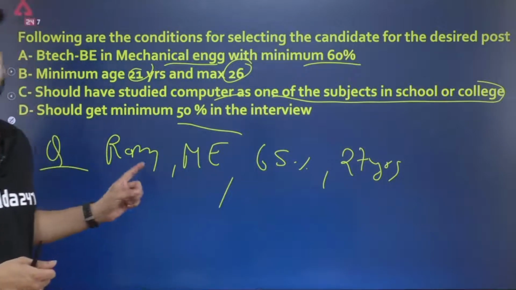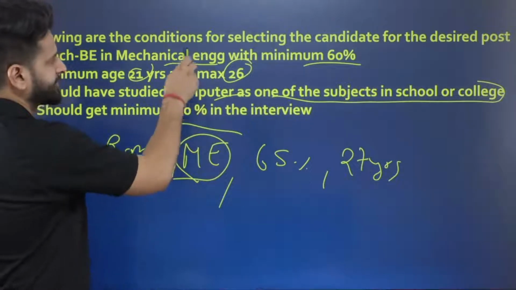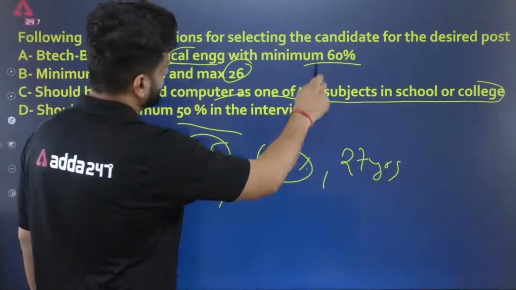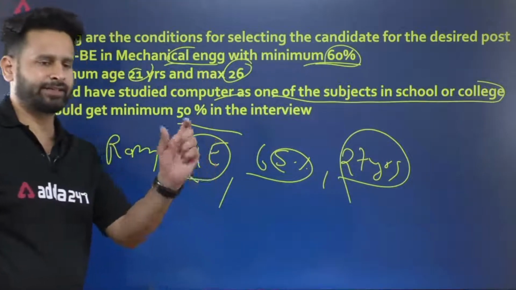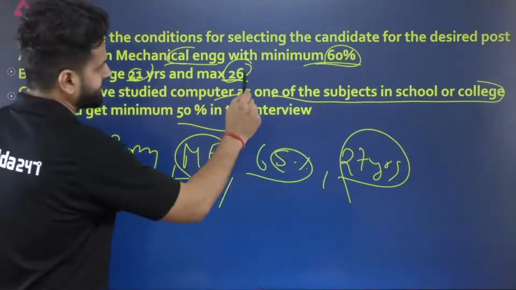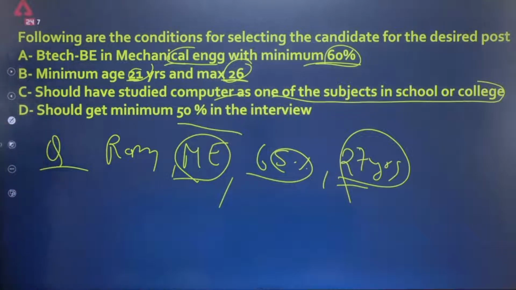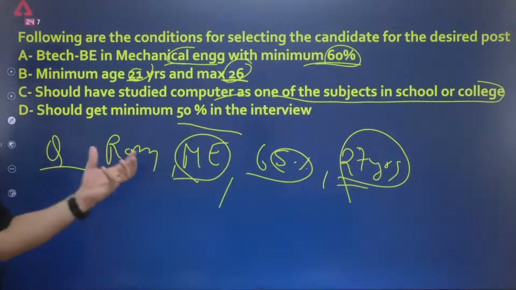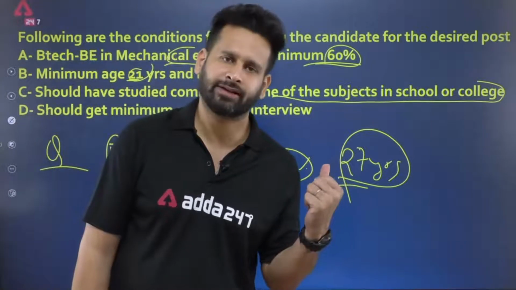Of course not. Why? He has done mechanical engineering, that's fine. 65%, that's also fine. But the age is exceeding the limit. The limit given was minimum 21, maximum 26, but his age is 27. So his candidature will be cancelled, and this person will not be recruited.